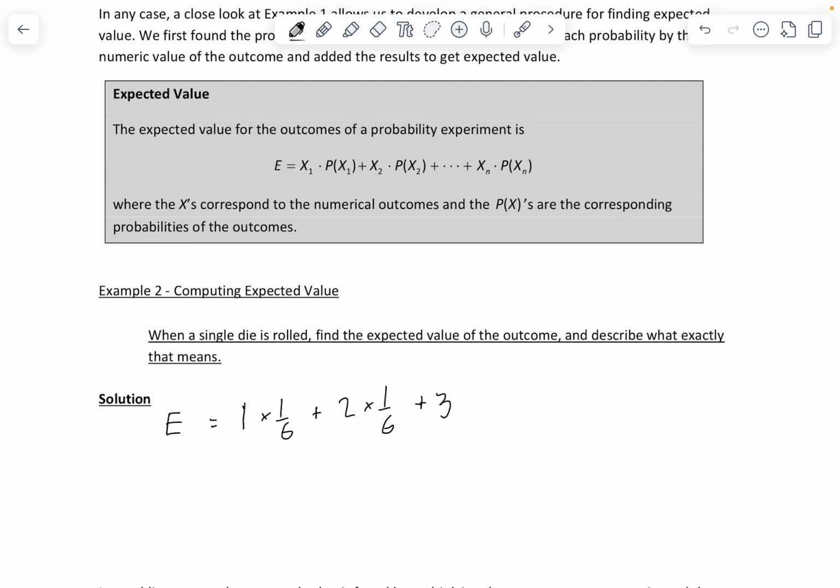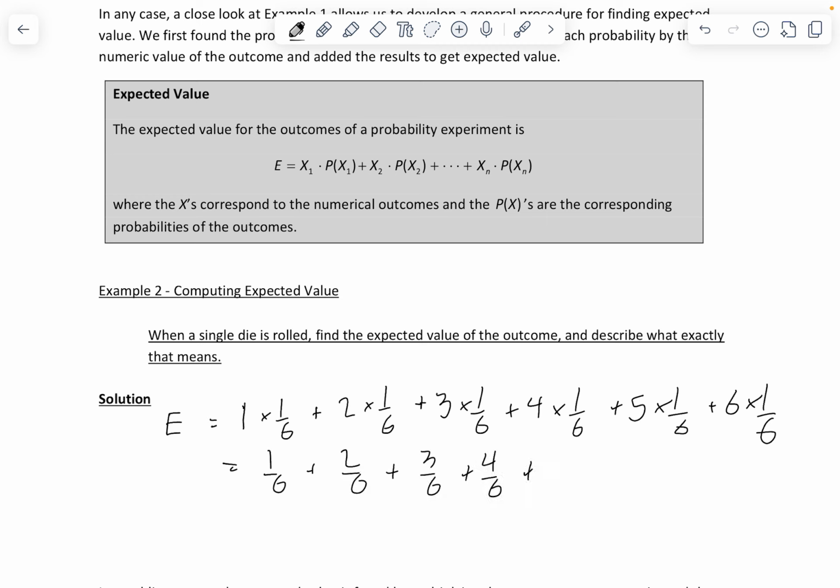Outcome of rolling a 3 times its probability of 1/6. We do this for all the possible outcomes. Like so. This works out to be 1/6 plus 2/6 plus 3/6 plus 4/6 plus 5/6 plus 6/6.